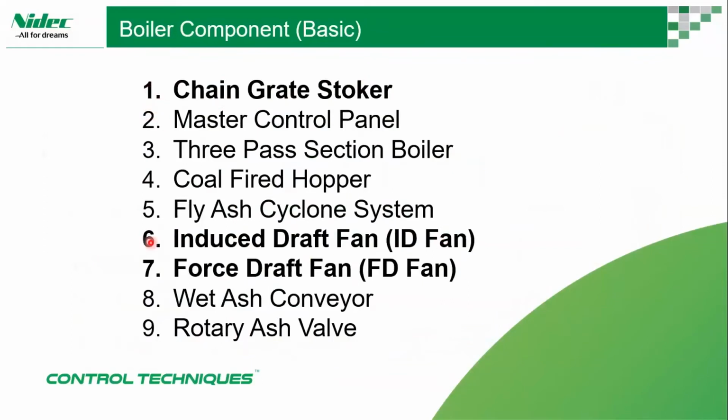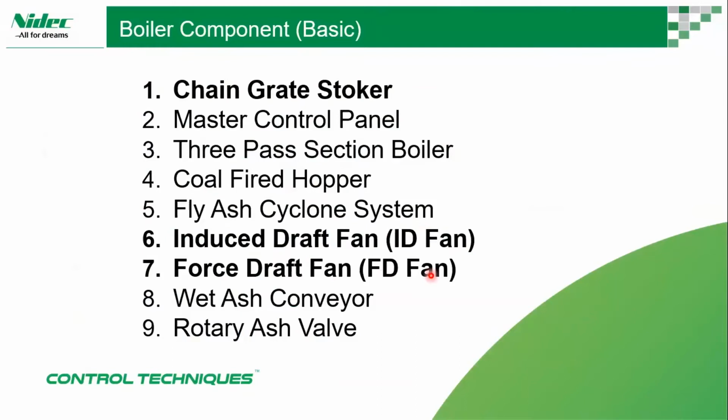As you can see here, items 1, 6, and 7 are the common items that use VSD. So if you want to go to a boiler OEM for your country, these for sure use VSD to control the speed: the chain grate stoker and the forced draft fan, especially for coal fuel.